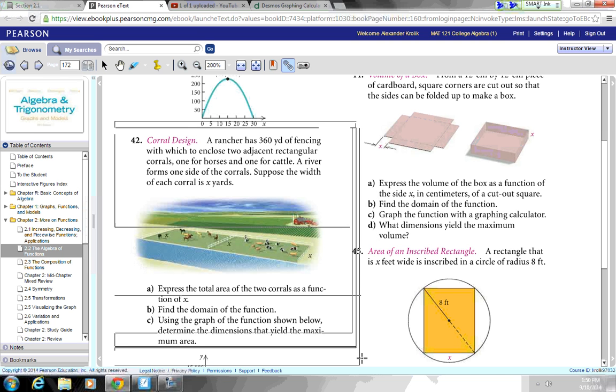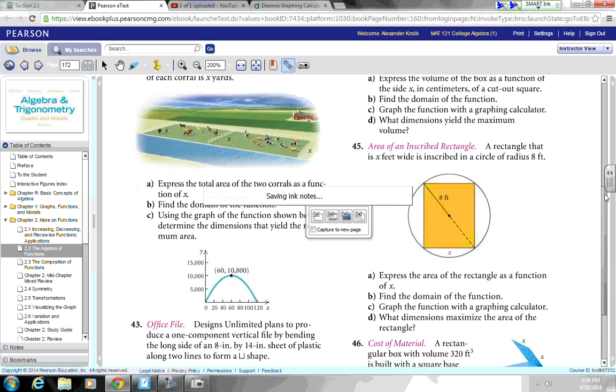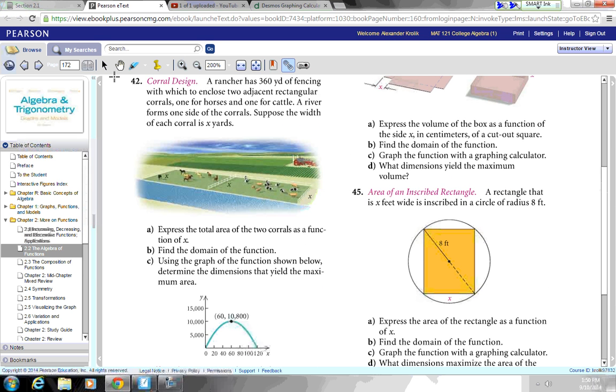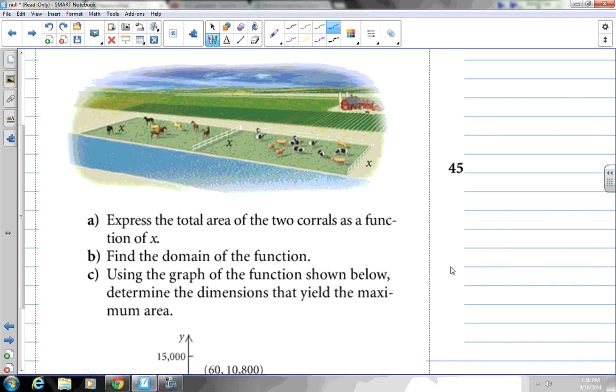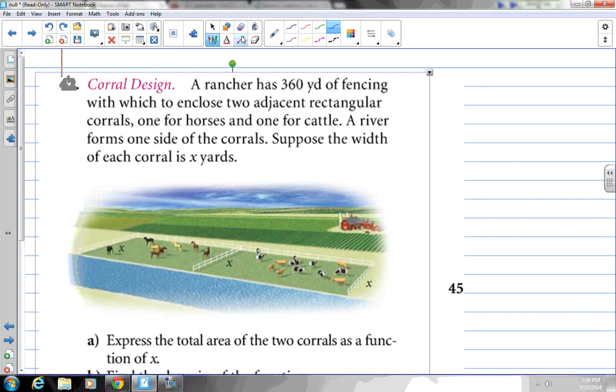Oh, actually, question 42 was kind to us. It gave us the graph. So we don't need a graphing calculator for that. Okay, you want to read the story? So does the story make sense?